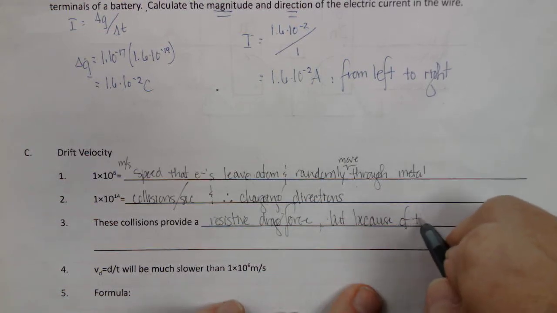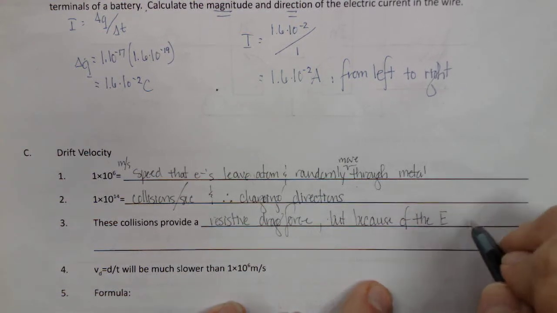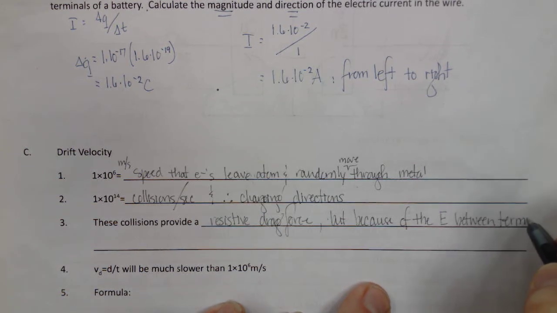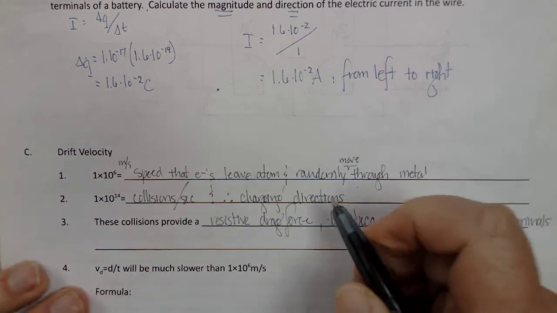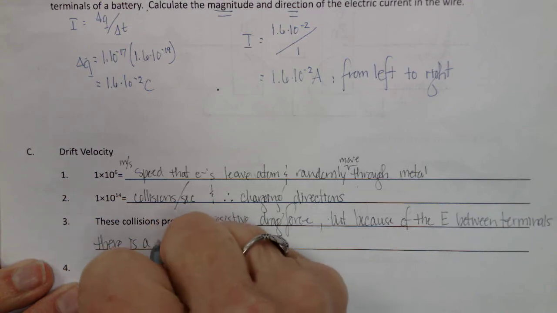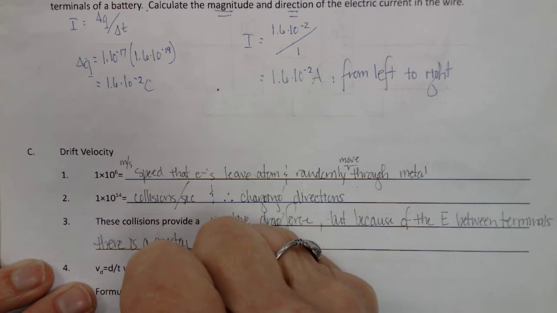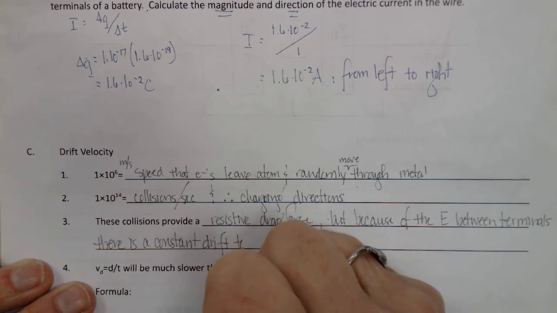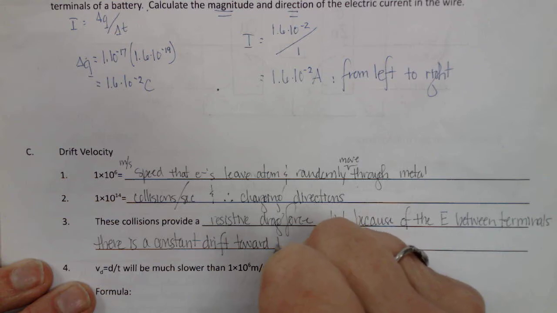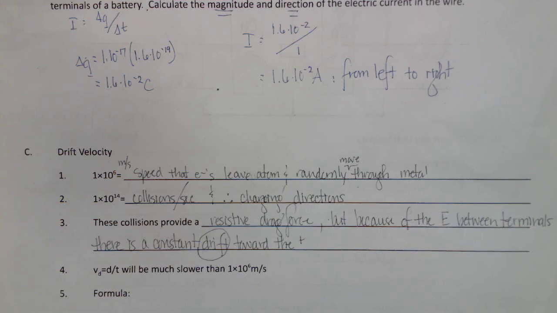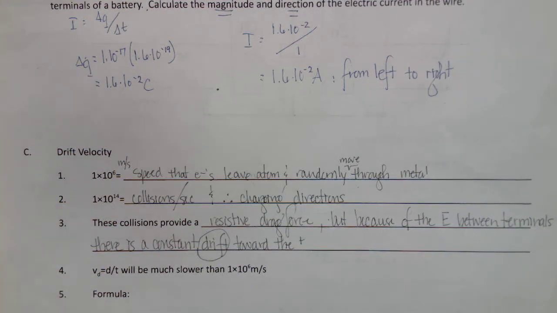Because of the electric field between the terminals, I'm just going to call it E, there is a constant drift toward the positive. And I really want to emphasize the word drift. They're not flying to that positive, but there is a net drift towards the positive terminal.